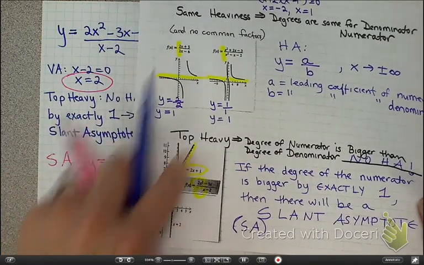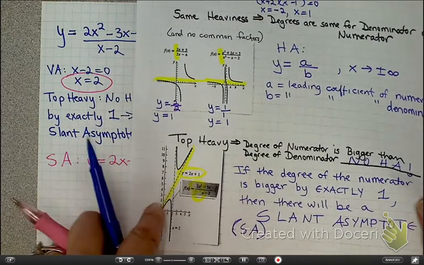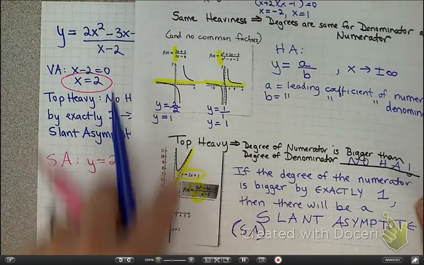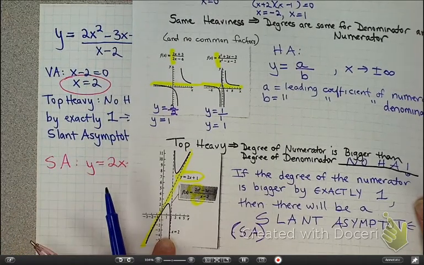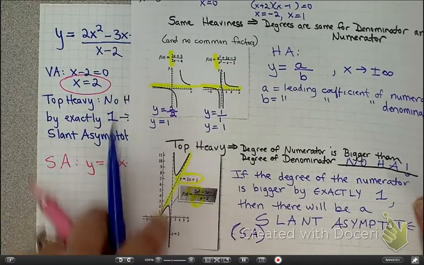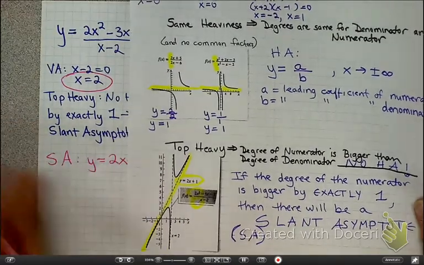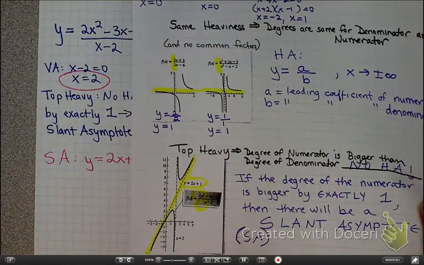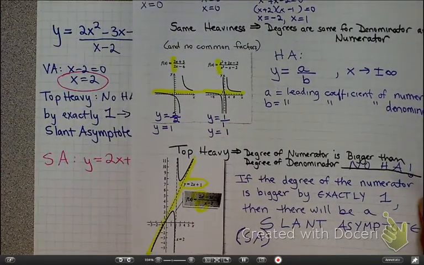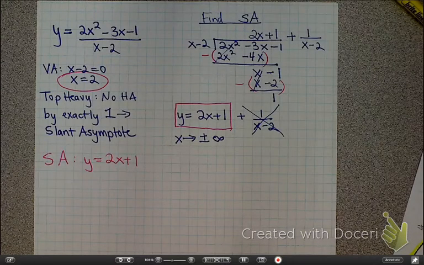Here's the slant, it starts at 1, goes up 2 over 1, and then the vertical asymptote is x equals 2. Okay, and then the branches of the graph are there and there. And we'll work on that later. But for now, I just want you to practice finding the slant, and that's what you'll be doing today in class. Okay, very good. So give it a try and see what happens.